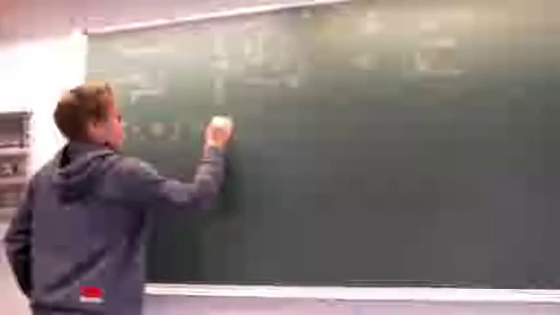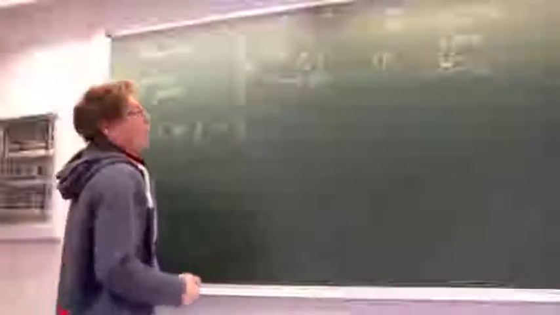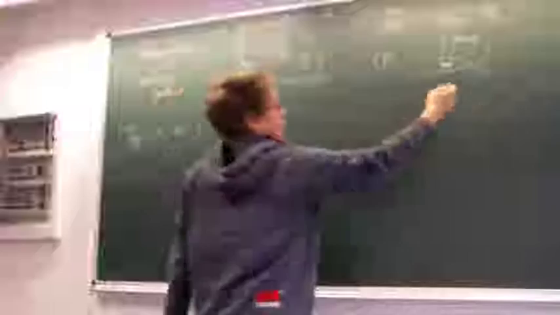So what's the universal property then? Continuous maps out of this thing to some other space Z. Well, they are given by pairs.